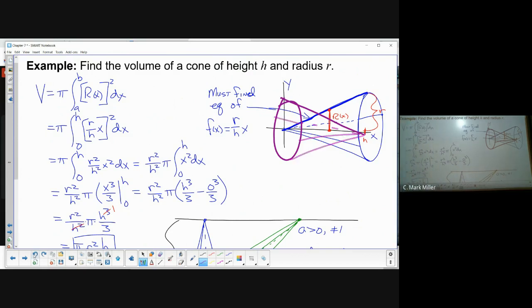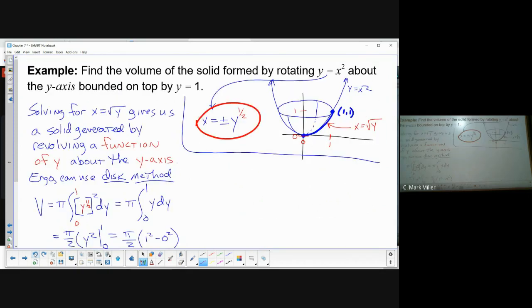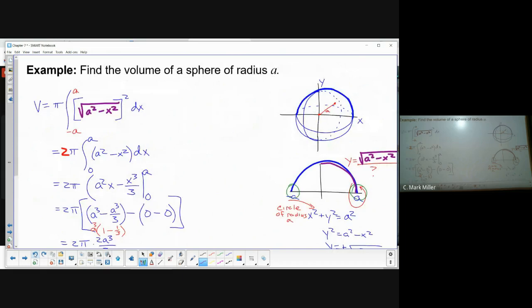My point is, you got to be able to do them at least one way. So you have to be able to set that up. And what throws people here is you have height h, radius r. I didn't say height 5, radius 2. That would be easier for most people. Here you're doing the general case, h and r. Down here, the general case, sphere of radius a.